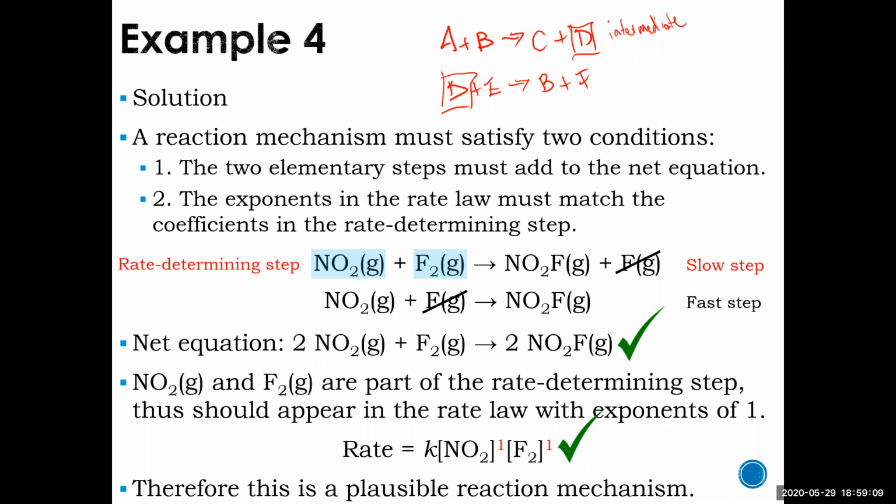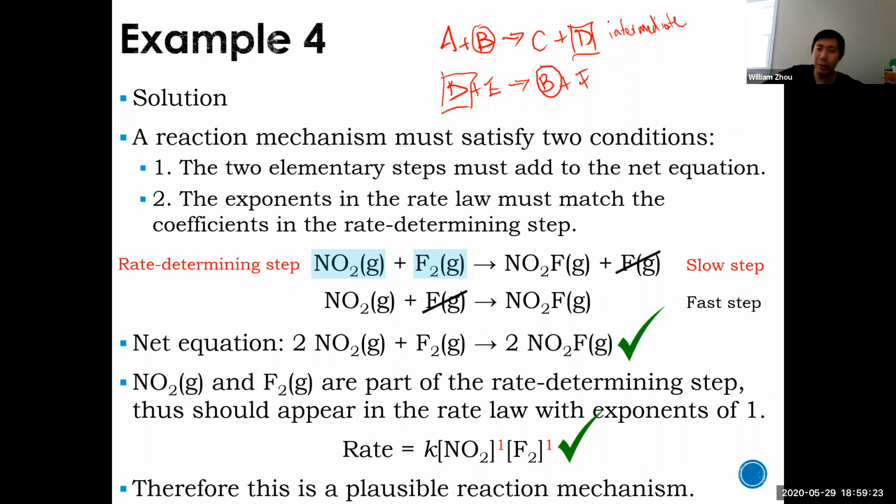It must be B, because B is used to bond with A to make C and D. And finally, at the final step, B is synthesized again. So that way you can cross out B. It does not appear in your net equation. Catalysts should not appear in your net equation because they're unchanged. So that would be the catalyst.